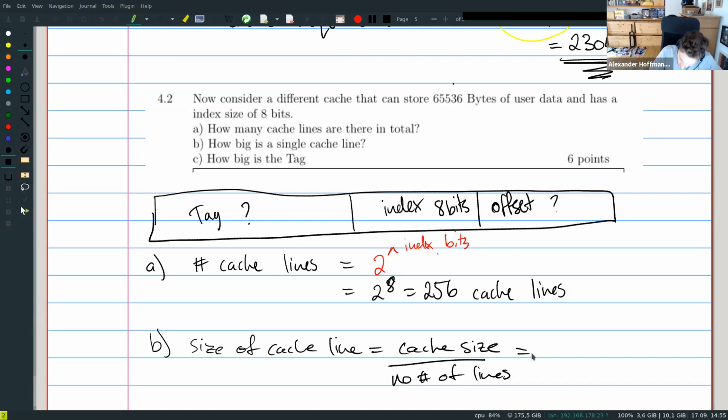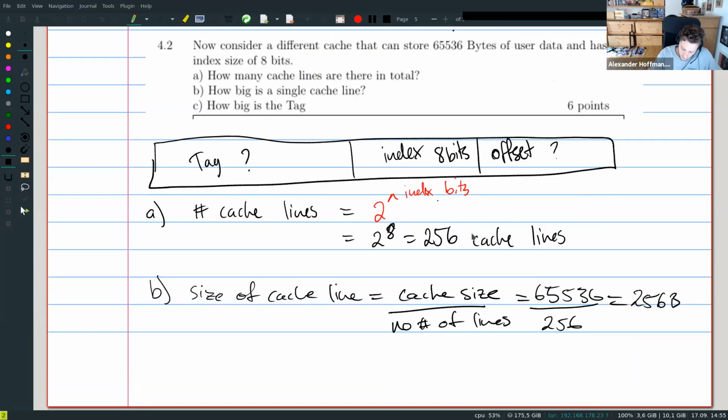This is what Chan said, which is 65,536 divided by 256, which gives us 256. And this is bytes. Make sure we put down the big B for the bytes.